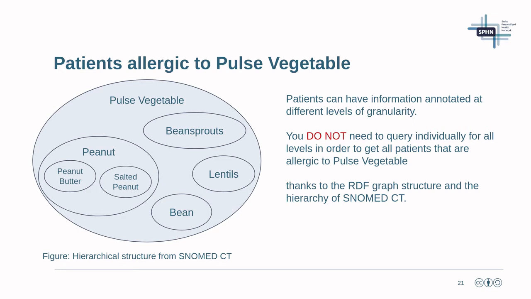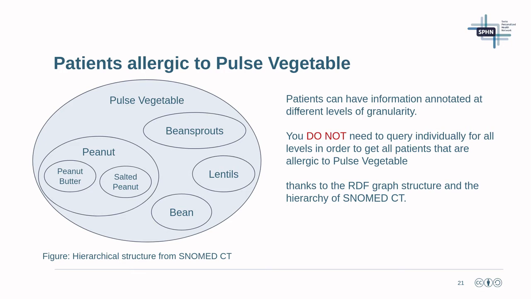It's a family of elements that group bean sprouts, lentils, beans, peanuts, and you have different levels of hierarchy here that is represented in SNOMED CT, meaning that if you want to get patients that are allergic to pulse vegetable or to any type of pulse vegetable, it would be more accurate to get patients that are annotated to be allergic to pulse vegetable, but also to bean sprouts, to peanuts, to salted peanuts, and all the elements that are children of the pulse vegetable.